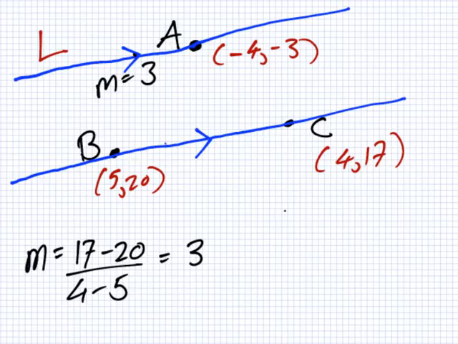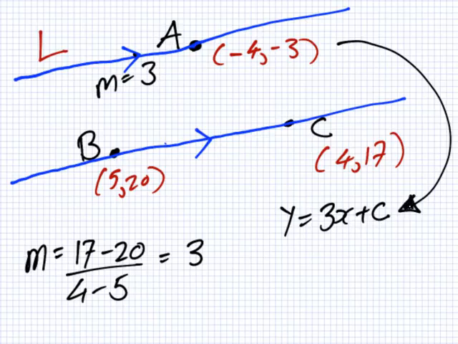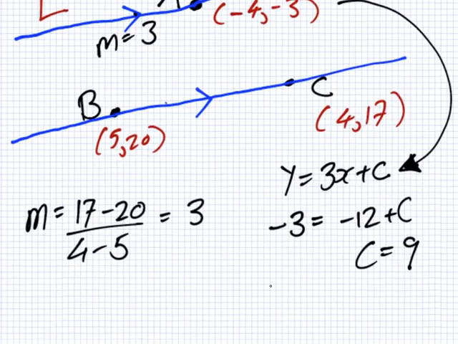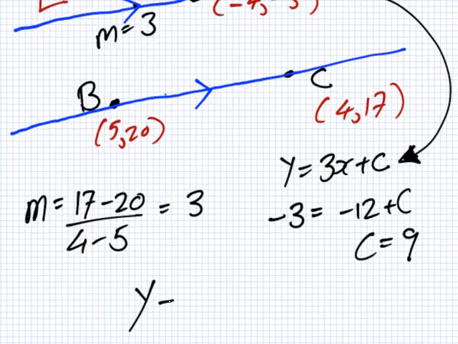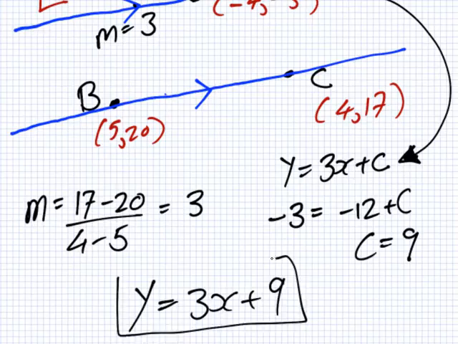So now we have y equals 3x plus c. Put my point in, and I get minus 3 equals minus 12 plus c, c equals 9. So now I have my answer. Y equals 3x plus 9. Yeah, so that's not too bad.